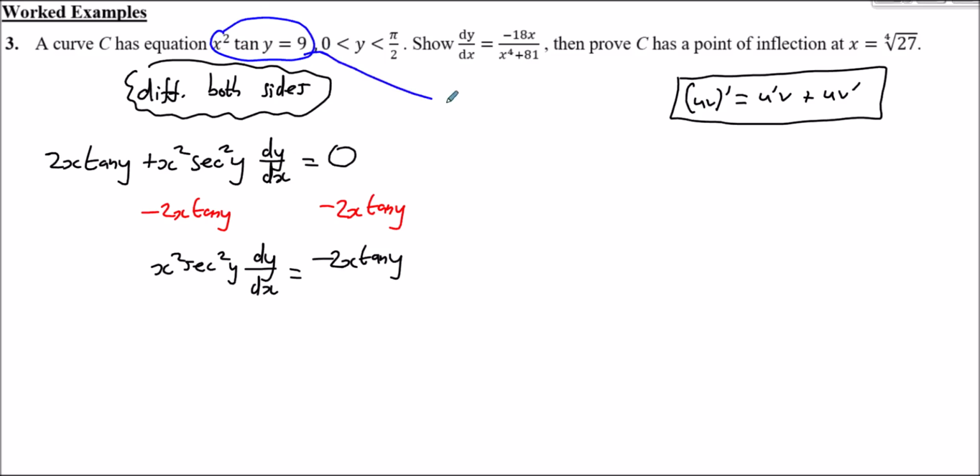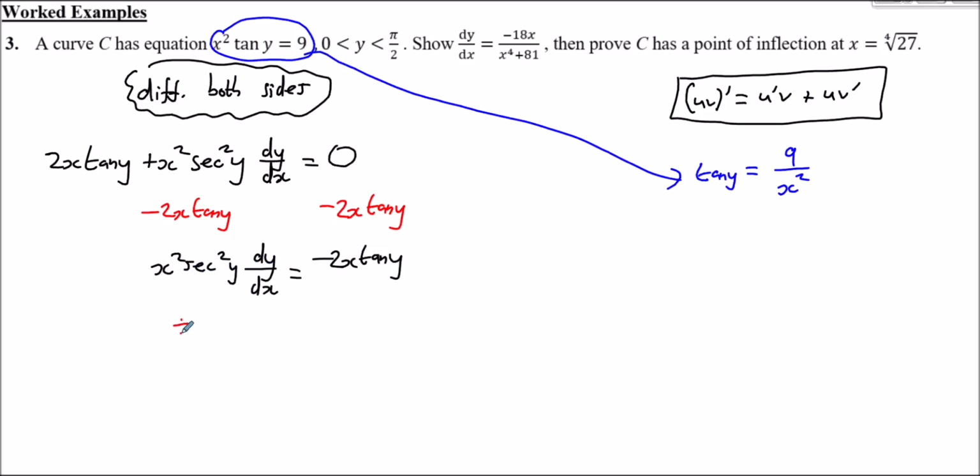So from here, if I divide by x squared, I can see that tan y is just 9 over x squared, like so. And we can use this later on. For now though, to get dy by dx on its own, I need to divide both sides by x squared sec squared y.